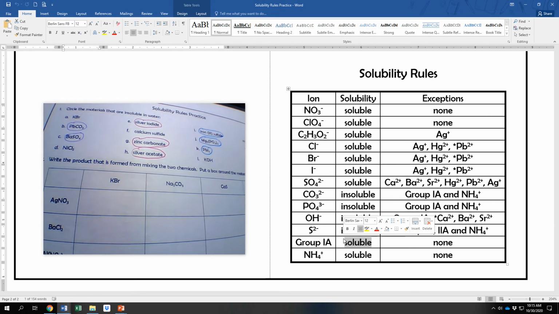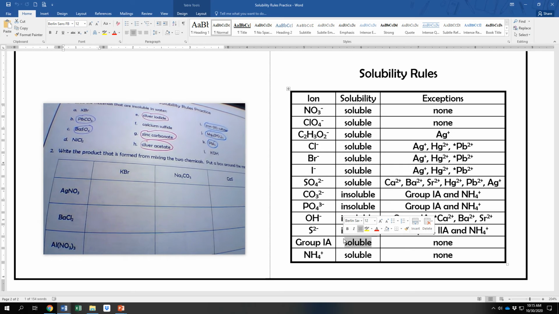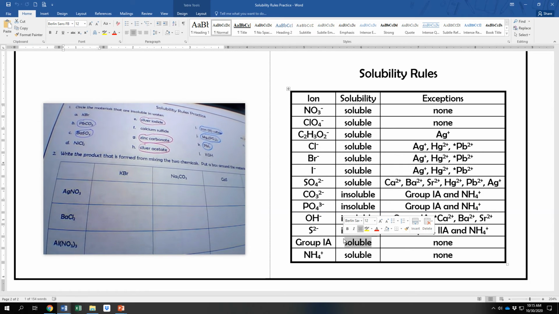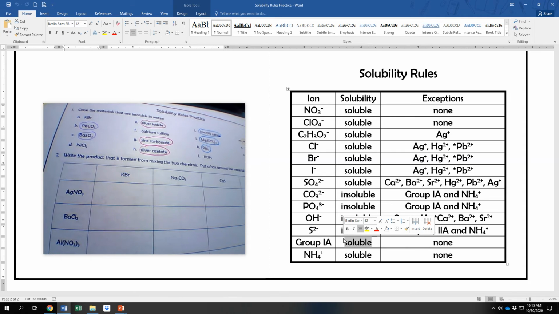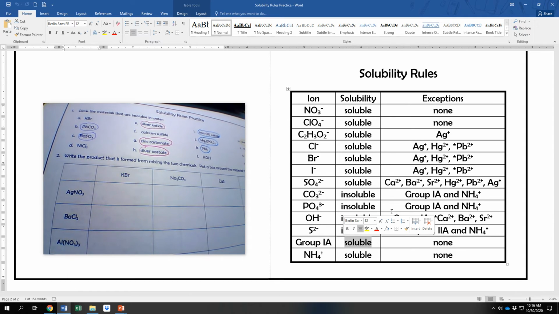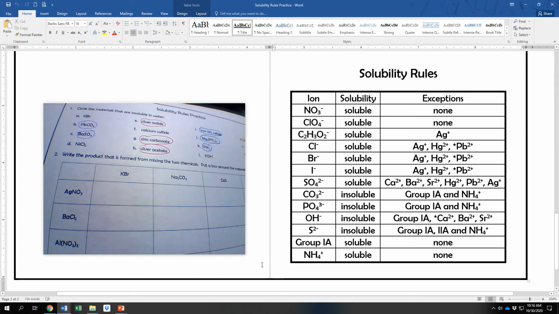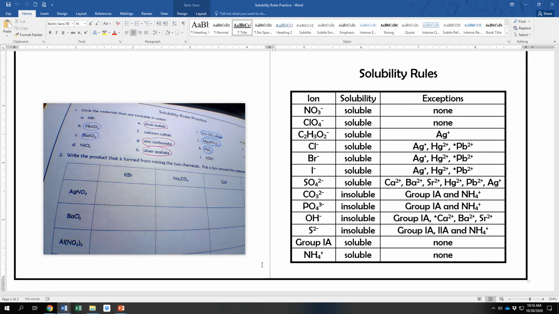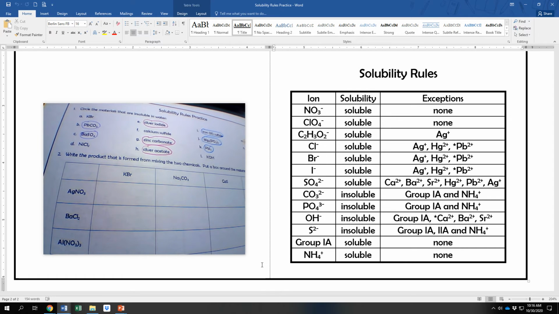The next part is constructing some chemical equations and determining what products we would see as a solid material. So remember that in order for a chemical reaction to occur, things have to produce energy or bubbles or change in temperature or change in color or produce a precipitate.